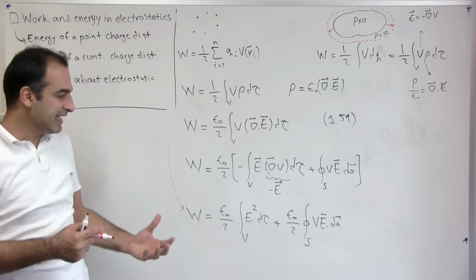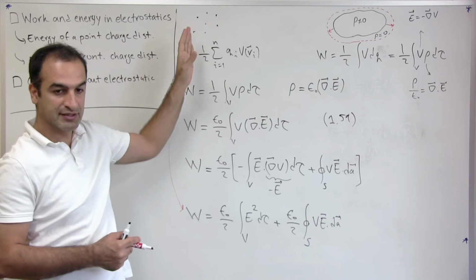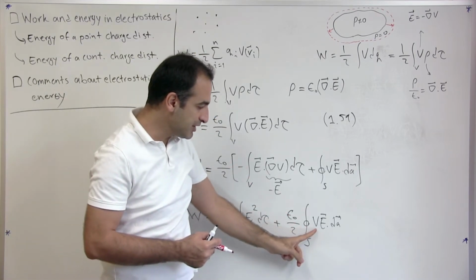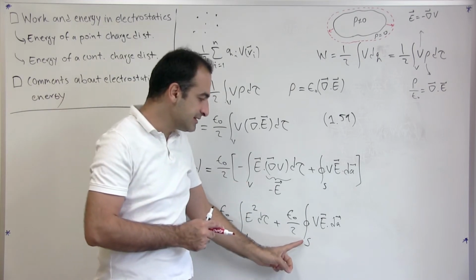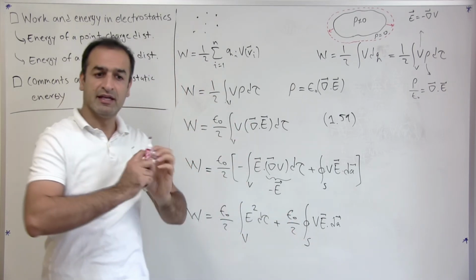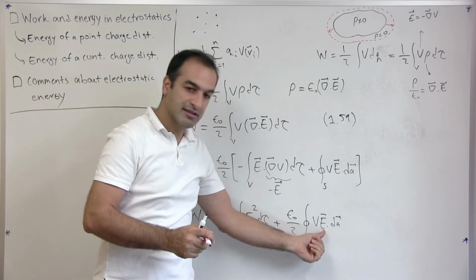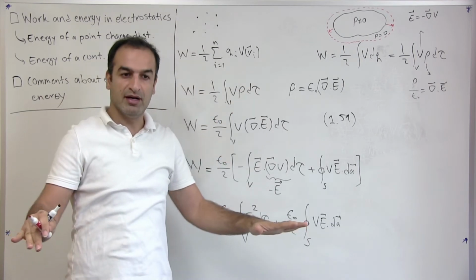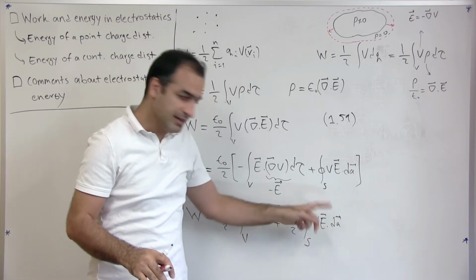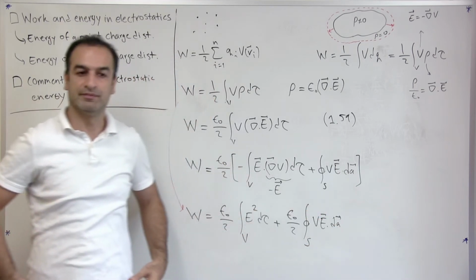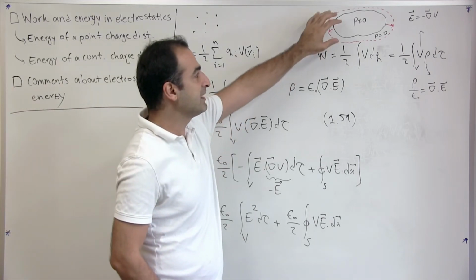As you move further away from our charge distribution, both electric potential and electric field decrease in value. Since this integral is only on the surface, if we move all the way to infinity, the electric potential and electric field values drop so much that the whole integral becomes zero.